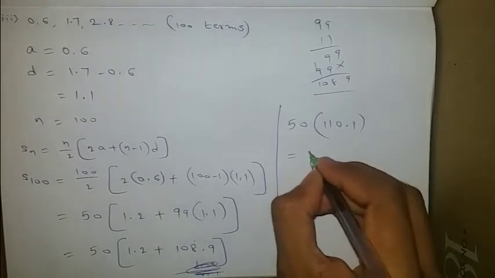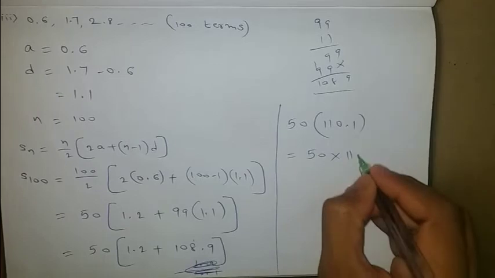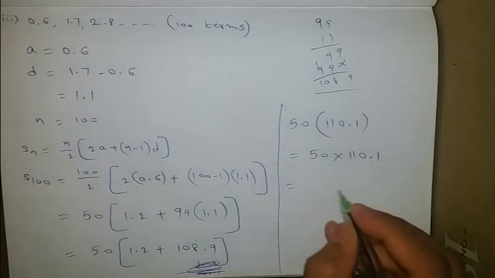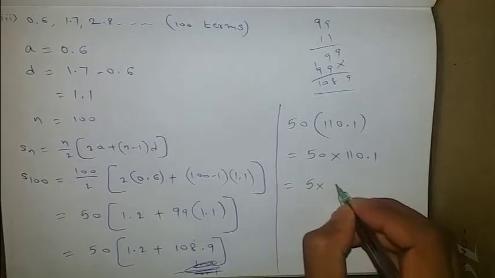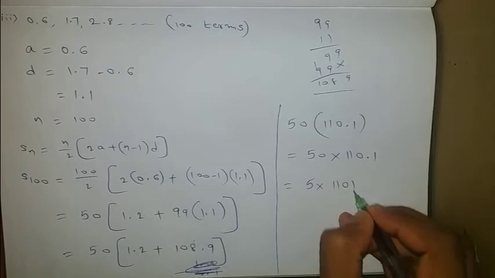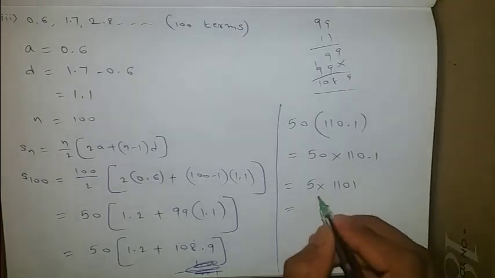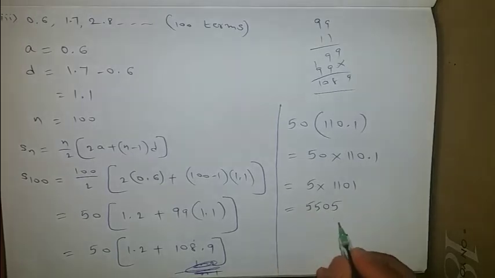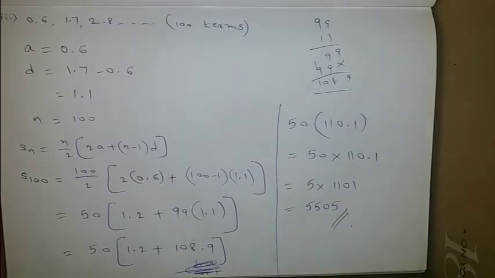So this is 50 into 110.1. One decimal will go with the 10, so we remain with 5 into 1101. 5 ones are 5, 500, 5 ones are 5, 5 ones are 5. So 5505.